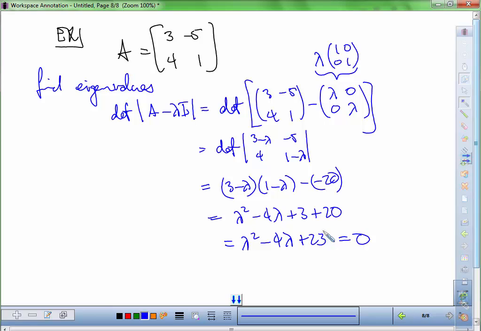And at least it's not complex. I hope not. Right? And so lambda is going to equal negative b plus or minus the square root of b squared minus 4ac.